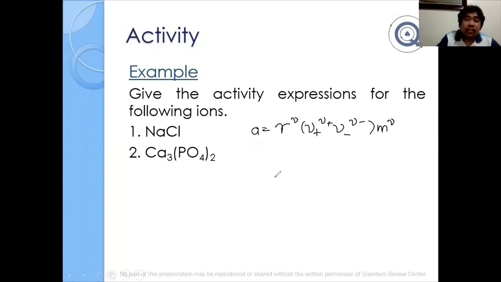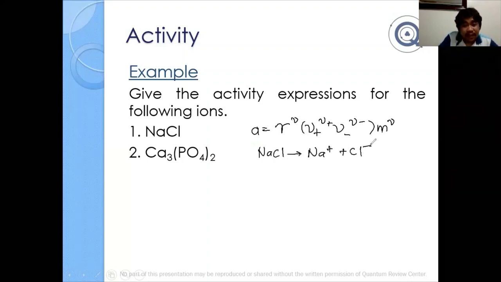All right. So NaCl obviously will be dissociated as, again, Na plus and Cl minus. Now let's substitute. So A will be equal to gamma. The nu here is the sum of the nu plus and nu minus. So it is 2.